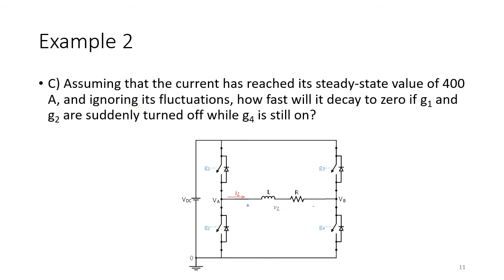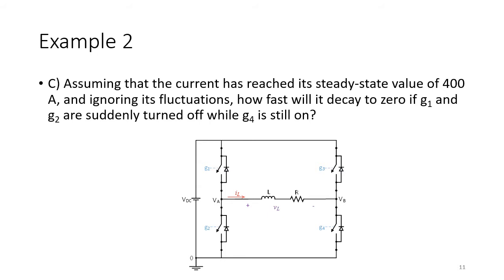Part C of the question asks, assuming the current has reached the steady state value of 400 ampere and ignoring its fluctuations, what we have done is we said IL can be approximated with IL average. How fast will it decay to zero if G1 and G2 are suddenly turned off while G4 is still on?